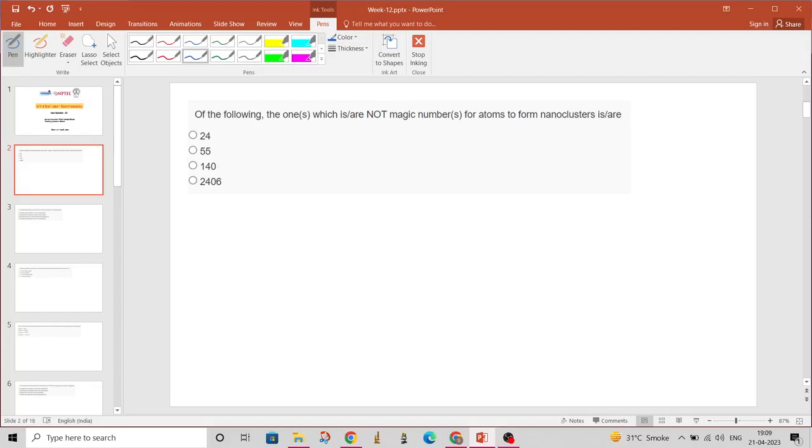It has been taught in the class that the structure of nanocluster is icosahedral.